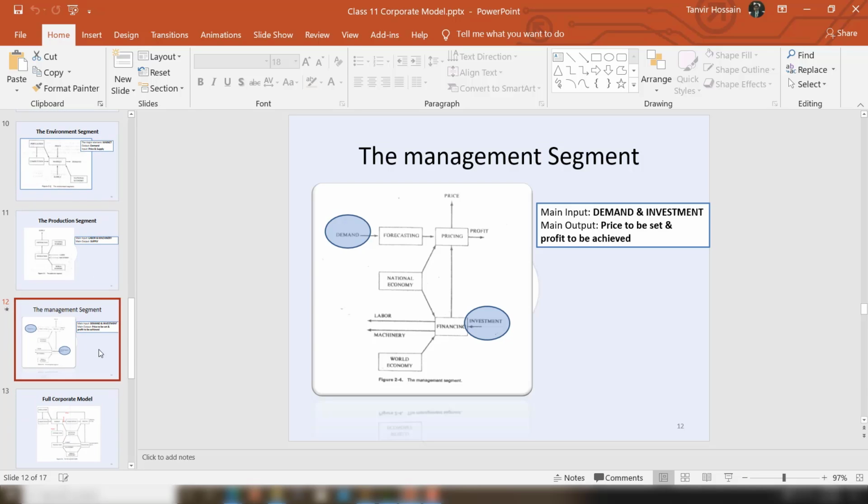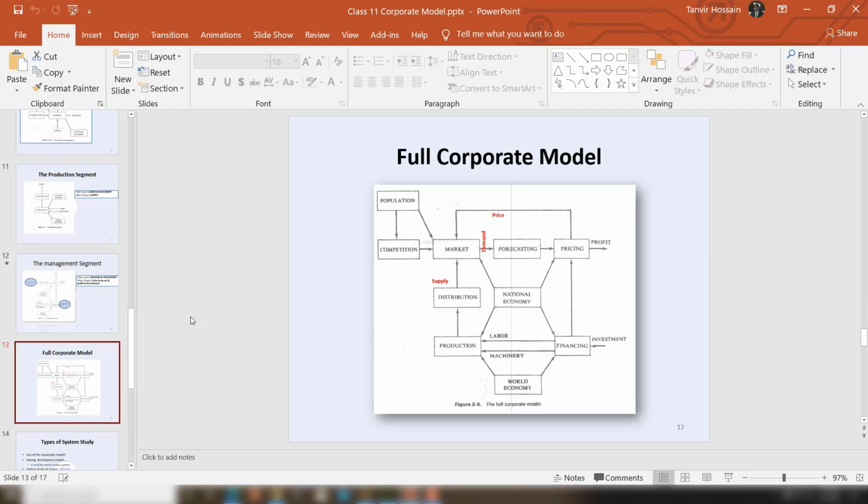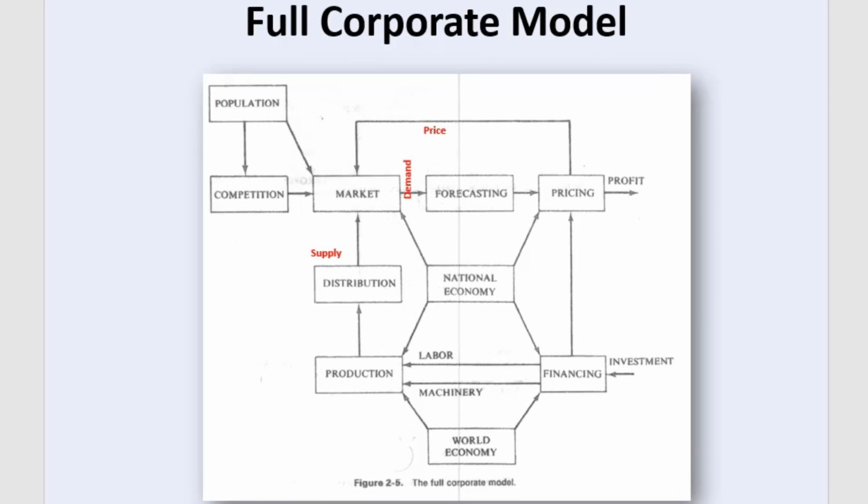Now if we look at the whole system as a full corporate model, all the specific components and subsystems are interconnected here. As you can see, the production segment is here, the financing segment is also here, and the market is there. So each of these blocks is interconnected.